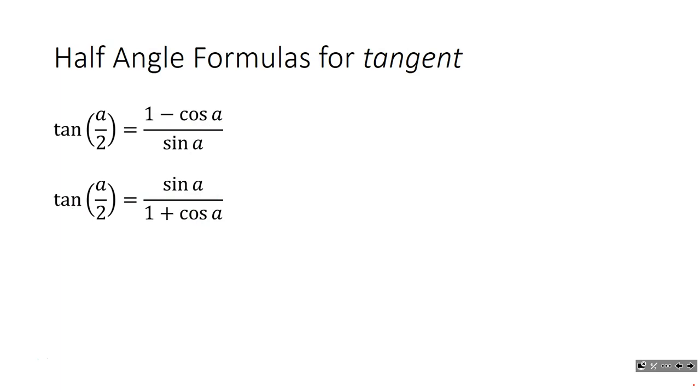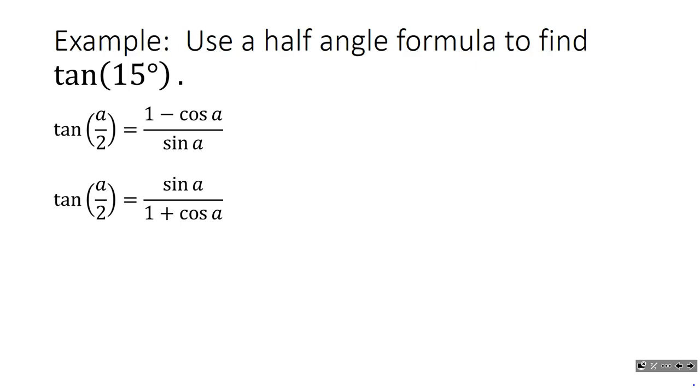Last thing we'll look at is how to do half-angle formulas for tangent. There are two of them here on the page. Either one can be used. Honestly, it's kind of just a matter of personal preference. I list both of them there. And we're going to use the half-angle formula to find the tangent of 15 degrees. Now, when you look at the unit circle, you know values for 30 degrees, 45 degrees, 60 degrees, larger.